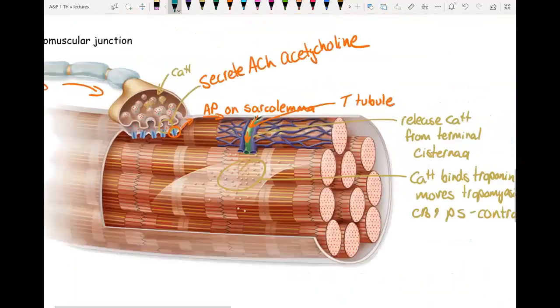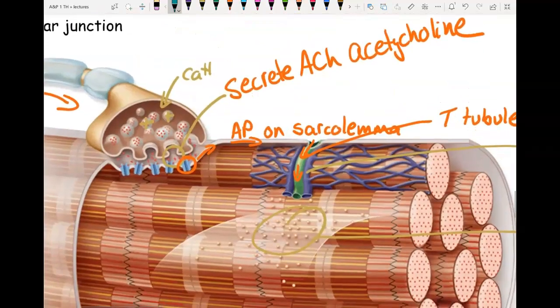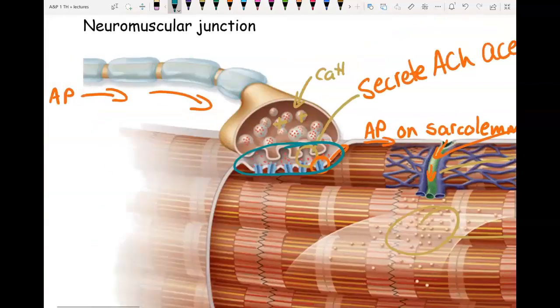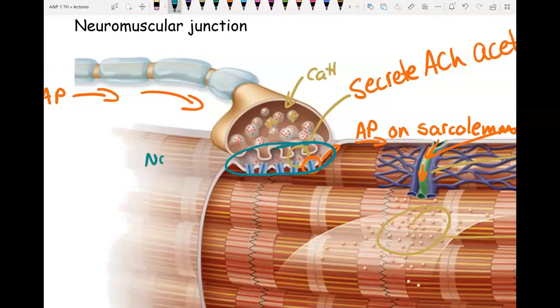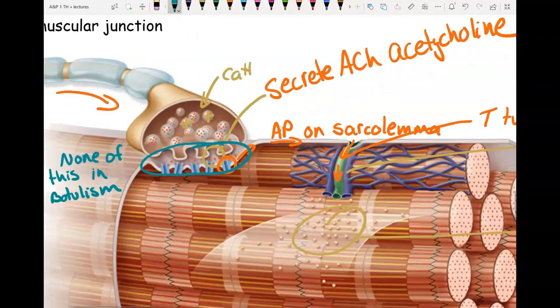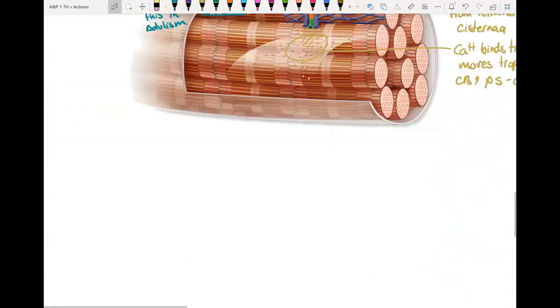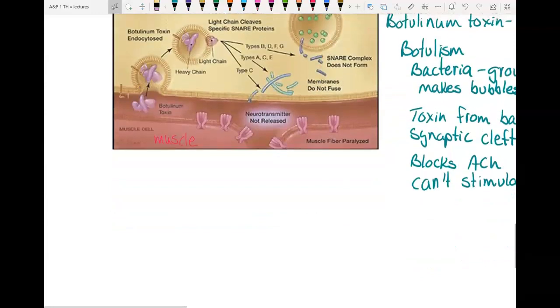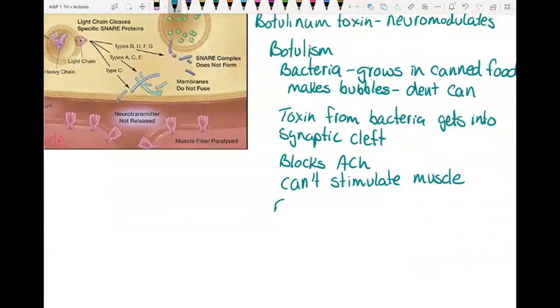So back up here, where you're secreting acetylcholine, and that acetylcholine is binding to the gates on the muscle, that does not happen with botulism. So if you had botulism, you would not have this. So botulism causes flaccid paralysis.